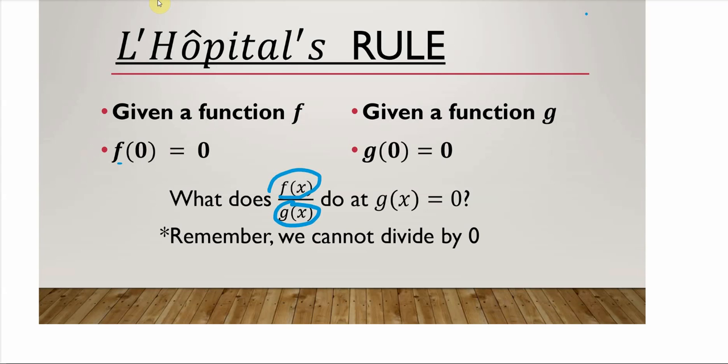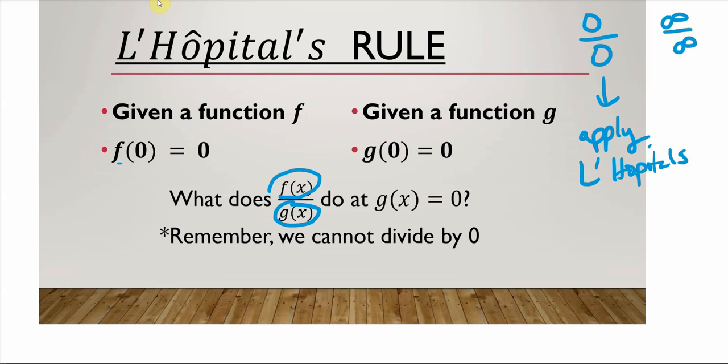So whenever you get 0 over 0, you're going to be allowed to apply L'Hôpital's. Now, not only are you going to be able to apply L'Hôpital's when you get 0 over 0, you're also going to be able to apply it when you have infinity over infinity.